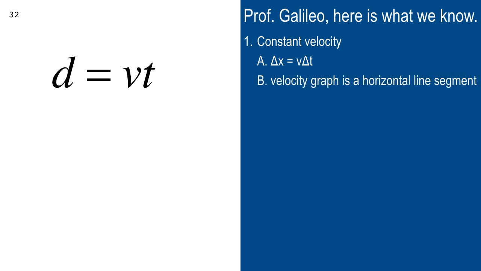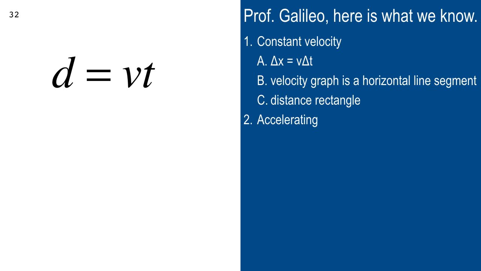And we know that the velocity graph is a horizontal line segment, and that the distance rectangle corresponds to any equation that has a speed times a time. Whenever you see a speed times a time, you know that you can model it as a distance rectangle in some way.